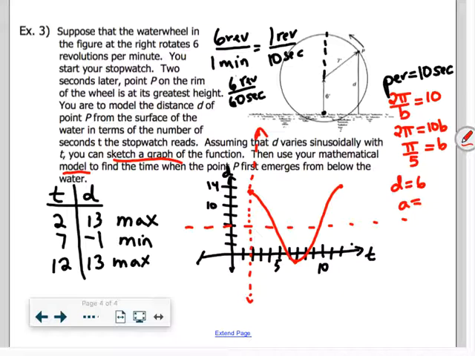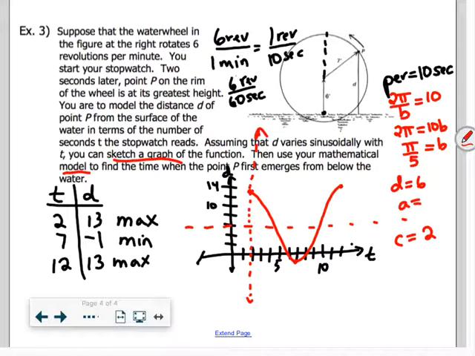phase shift, or a C value, of right 2? And then what trig function starts at the hill? You're going to have to figure out whether you want to use sine or cosine. Cosine, it would be better to use cosine. It's not wrong to use sine, and then you're going to have a bigger phase shift than what we have.